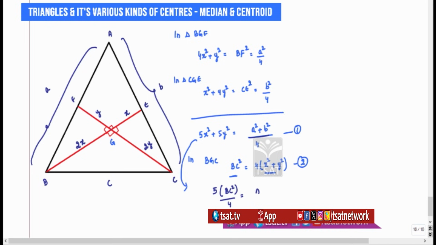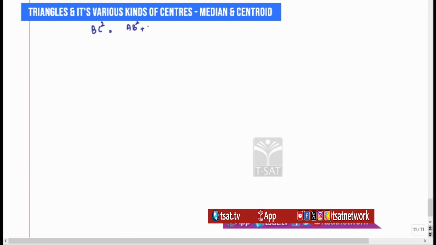A square means AB square plus AC square by 4. 4 gets cancelled. BC square is equal to (AB square plus AC square) by 5. BC, the third side, is equal to under root of (AB square plus AC square) by 5.